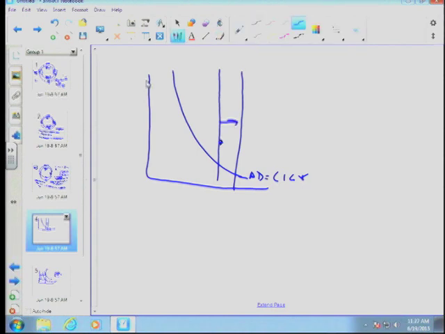We might as well talk about it. If we get advances in technology or more resources, what becomes possible to produce increases. So if we get advances in technology or more resources, long-run aggregate supply will shift outwards and the price level will fall, okay? If we lose resources, what will happen?